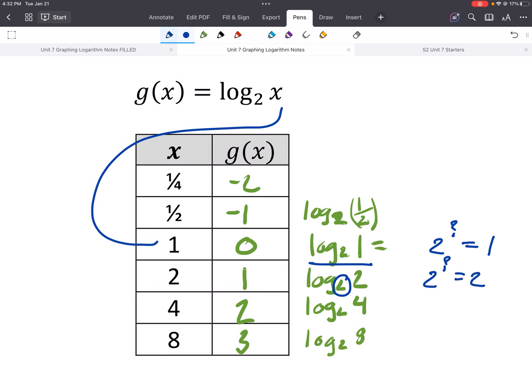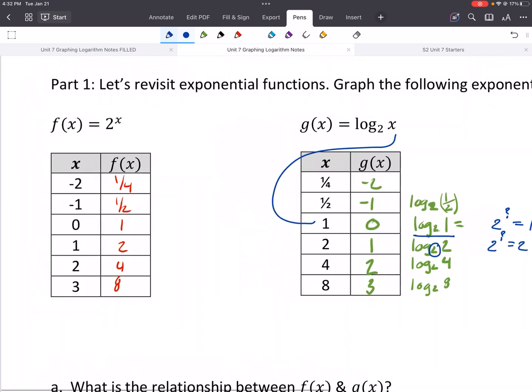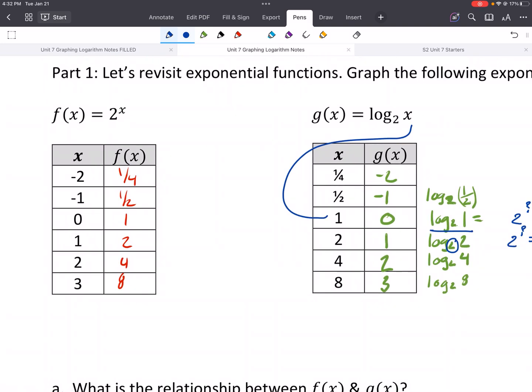And that would have to be 1. We went through that process. Really the takeaway here is when we look at these two tables, you're going to see that the values are the same, just your x's and your y's are swapped.